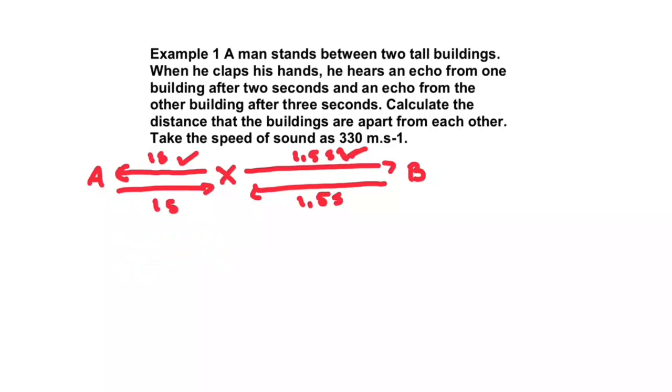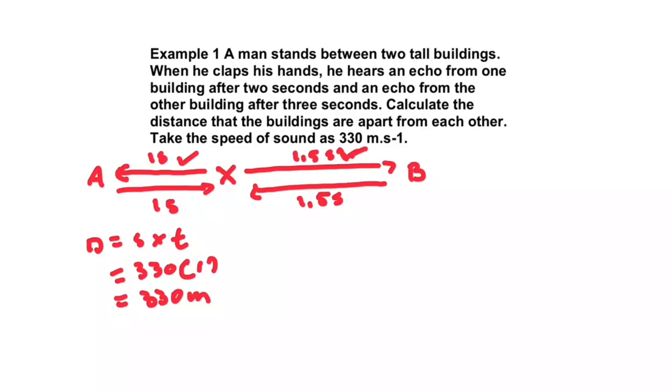So now what we can do is to find the distance between the man and the first building A. The distance will be equals to the speed multiplied by the time. We have the speed of sound, 330 meters per second. So this will be 330 multiplied by 1, which is 330. So we have 330 meters. The first building is 330 meters away from the man.